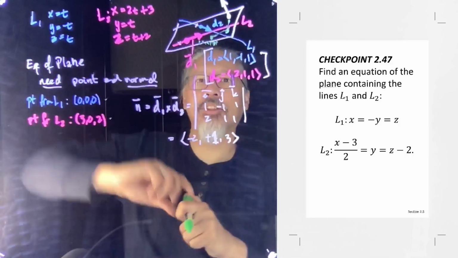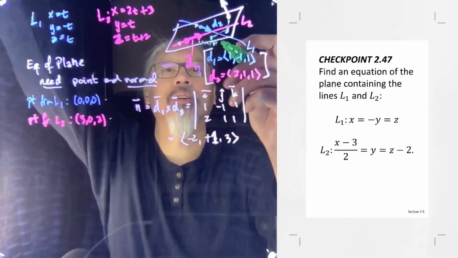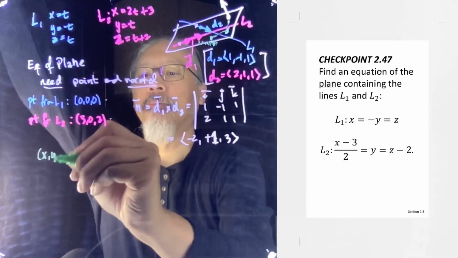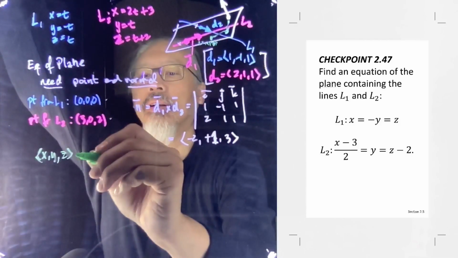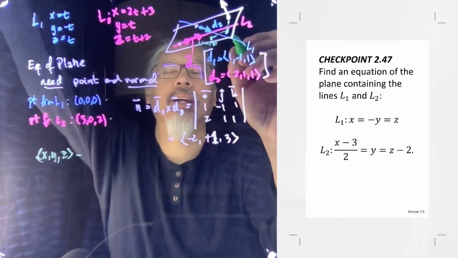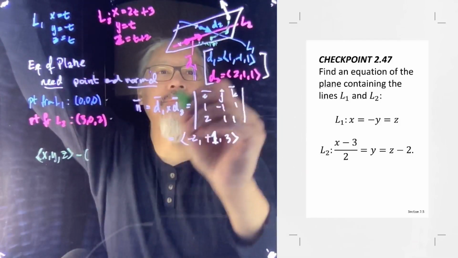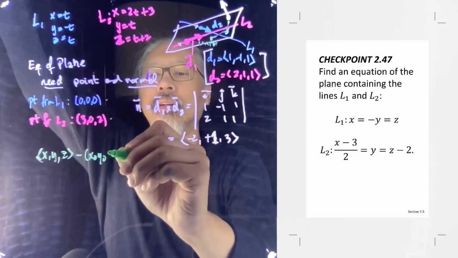And let's just go through the motions of creating this equation of a plane. So we have a generic point x, y, z, and we can call this a point or a vector. And we're going to subtract whatever point that we found on the plane. Let's call it x naught, y naught, z naught.